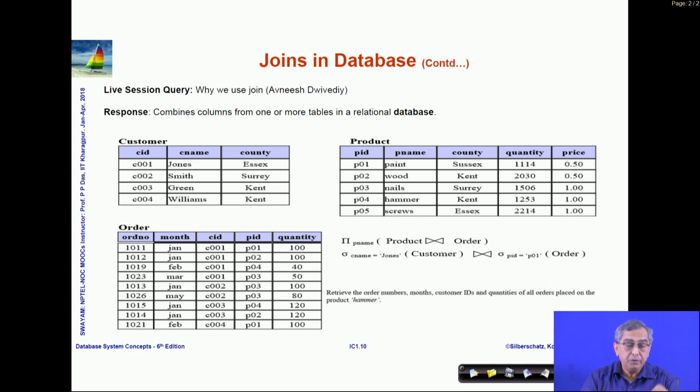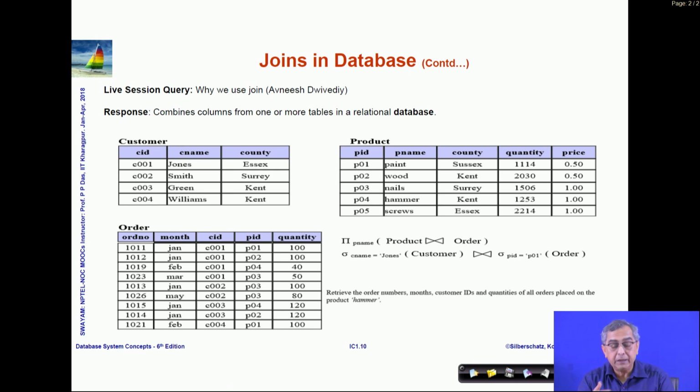So, naturally you do not want the customer name to happen every time, because if C001 has done, say, 4 purchases here, and if you had kept the name or the country of the customer here, then that country would have been repeated 4 times.